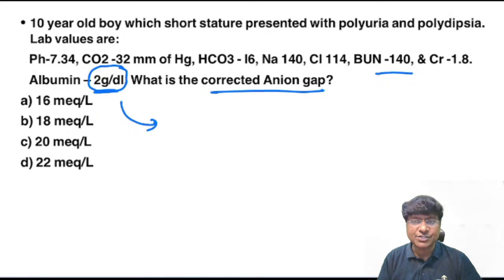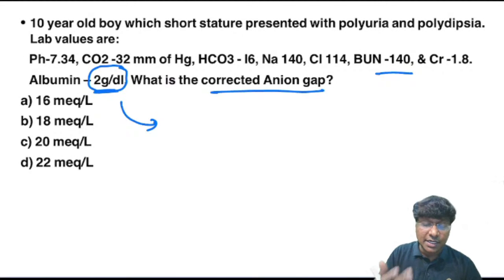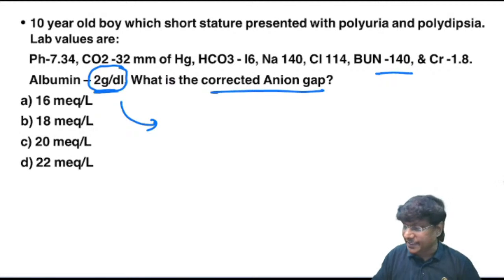What is anion gap actually? Anion gap is a measure of unmeasured anions and unmeasured cations. And albumin is a principal unmeasured anion. So when albumin levels are reduced, we don't get a standard anion gap. What we get is a corrected anion gap. Now, how to calculate the corrected anion gap?